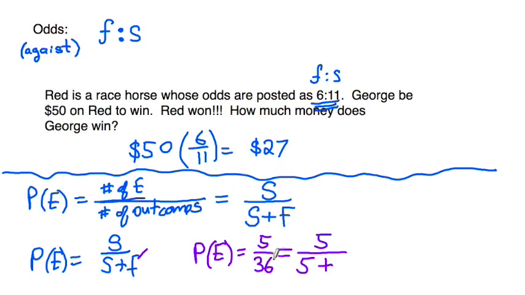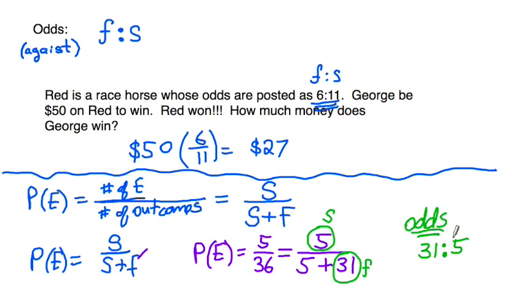How many are left over out of the 36 if I take 5 of them away? Well, that leaves you with 31. So the number up here and the one below are the successes. The other number is the failures. So the odds, and always against, but I'm just going to write odds, are failures, 31, to successes, 5. So it's not a hard thing to do. It's actually kind of easy.